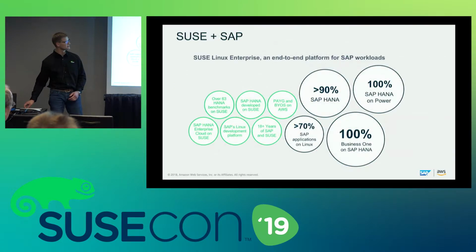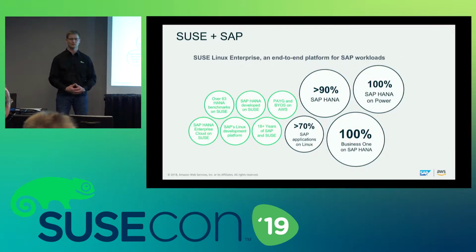Okay, the relationship between SAP and SUSE is very long and very strong. For more than 18 years, SUSE has worked together with SAP, and SAP trusts SUSE so much that they have built their own infrastructure using SUSE Linux Enterprise Server.